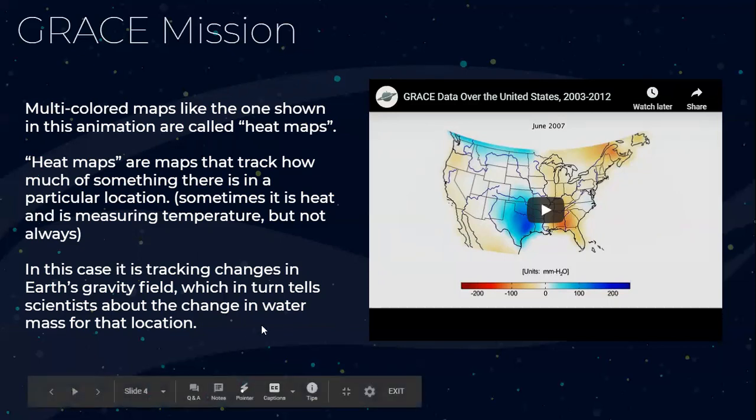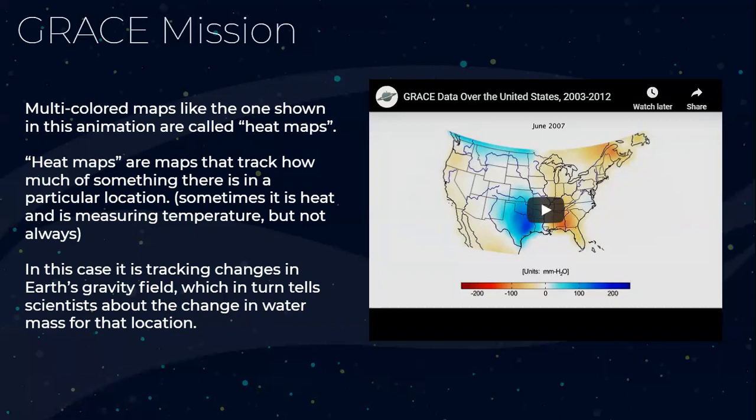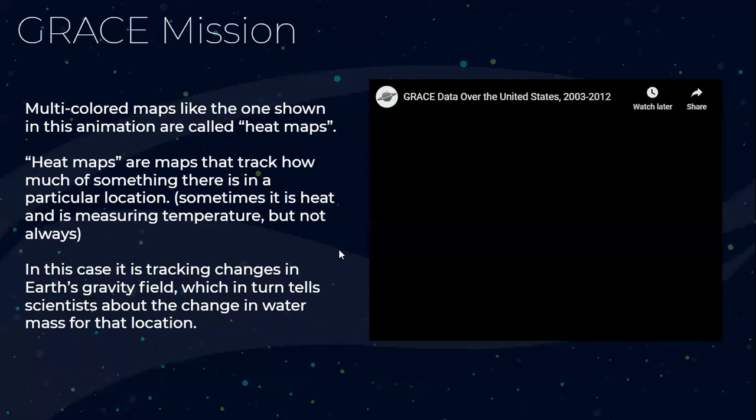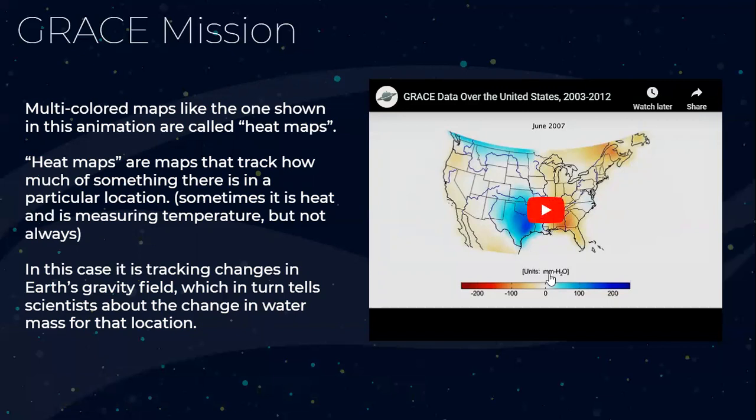Through this process, we can very creatively measure the amount of water in a location. The GRACE satellite measures that in millimeters of water and gives a colored heat map to indicate how much is there. The color variations run from 0 down to -200, and up to +200.